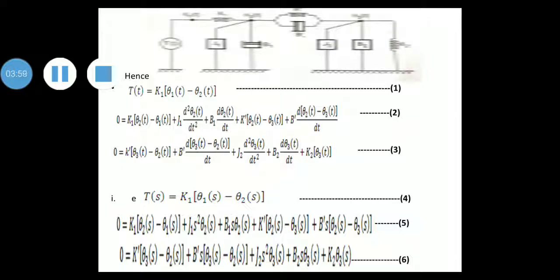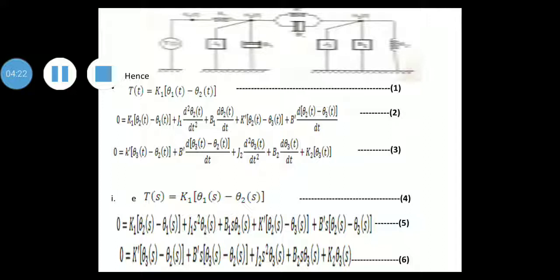So we'll have the equations. What can we write? T of t is equal to K1 into bracket theta 1 of t minus theta 2 of t. This I'll take as equation number 1.